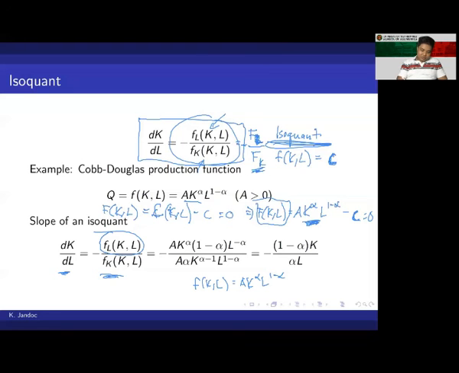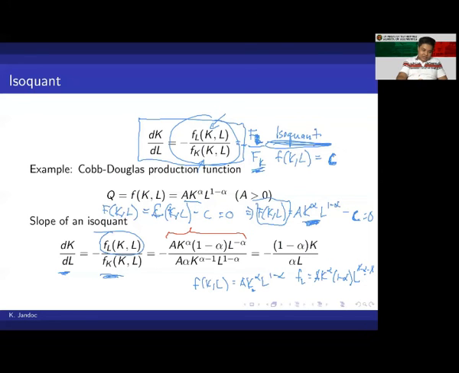So partial F over partial L, or F_L, is simply, you treat K as constant, so A K^alpha, and then bring down 1 minus alpha, and then we have L^(1 minus alpha minus 1). So 1 minus 1 is equal to 0, so you only have a negative alpha here. This is the same expression as the numerator over here. That's F_L.